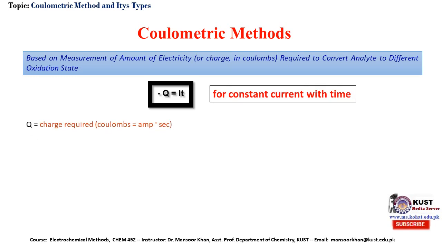Where Q is the charge required in coulombs, I is the current in amperes, and T is the time of the current in seconds. So this equation is the basis for the colorimetric measurements.